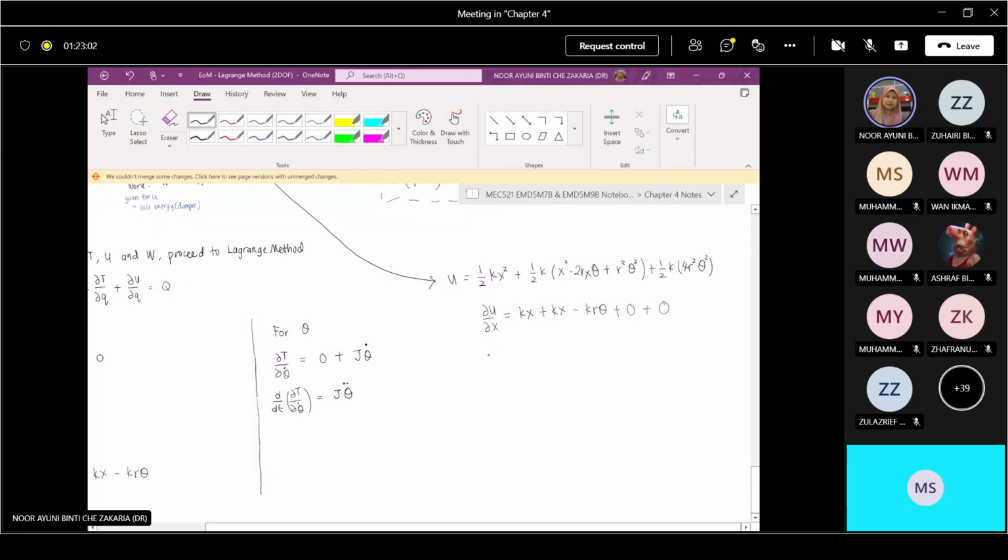Okay, next is partial derivative of u against theta, against angular displacement. 0 plus 0 minus k r x plus k r square theta, also plus k r square theta.